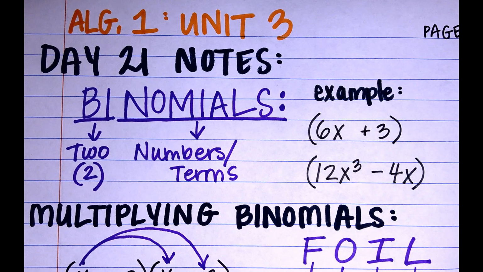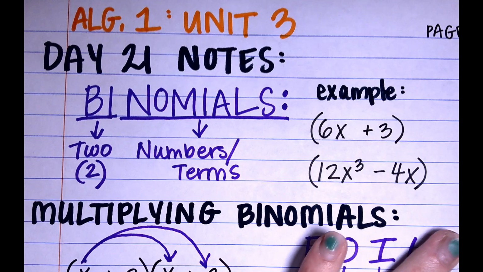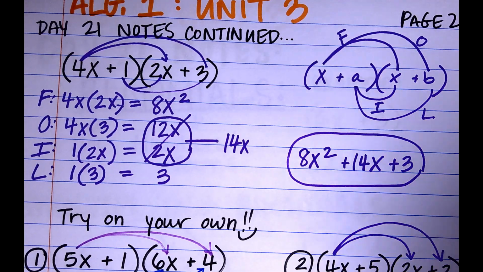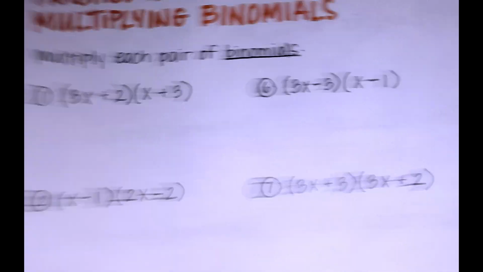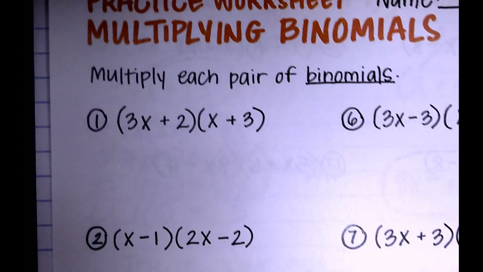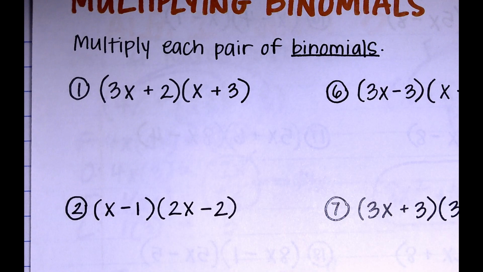Let's see. So we just did the FOIL method. Moving on with my notes. And now I'm going to show you one more method. So let's grab this worksheet, pull it out. And on number 1, we're going to use this.